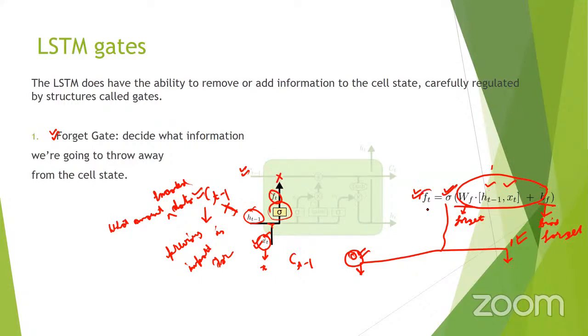So once I get this ft from here, it will be multiplied with my Ct minus 1, previous cell state, whatever was my cell state. And here, it will be my ft multiplied by Ct minus 1. Now, this ft into Ct minus 1 is only having the information that is relevant to remember depending on my current input, current time step.